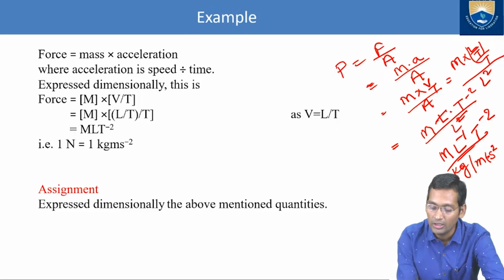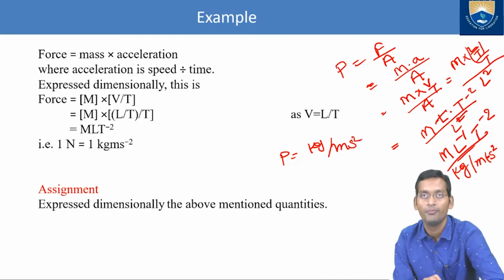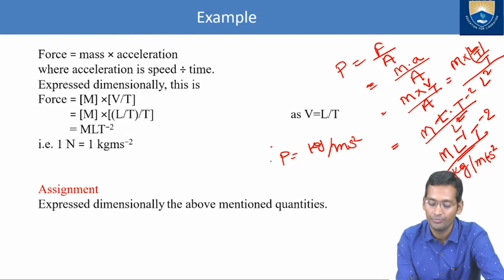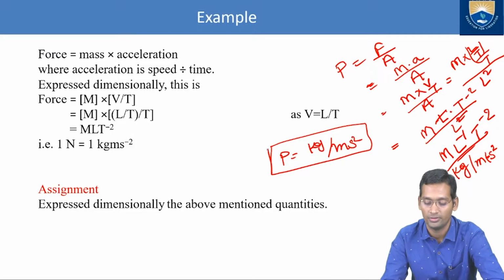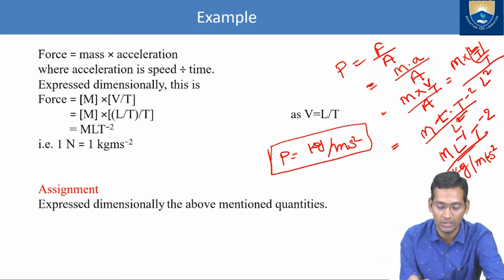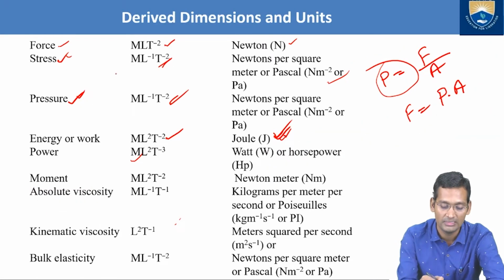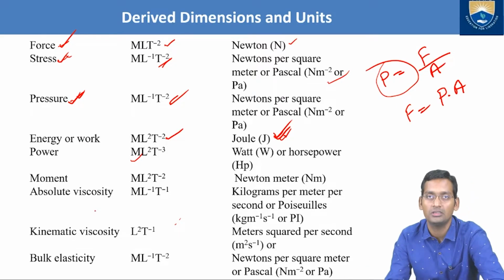So you can say that pressure is equal to kg per meter per second square. So this will be the unit of pressure. Similarly, you can derive for others. So your assignment is whatever the remaining ones are. These I derived for force, the stress or pressure. Remaining things you can do as an assignment.